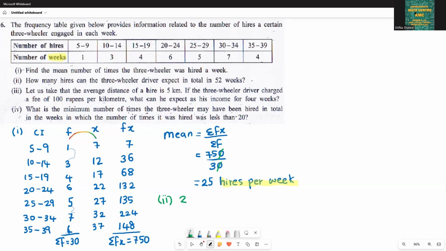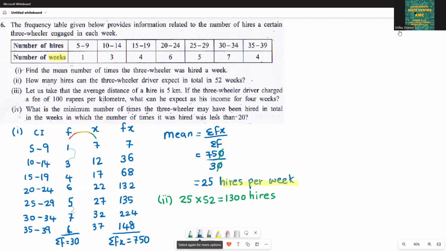So per week 25; to find for 52 weeks, we have to multiply by 52. 25 into 52 is 1300 hires for 52 weeks. That is the total number of hires.